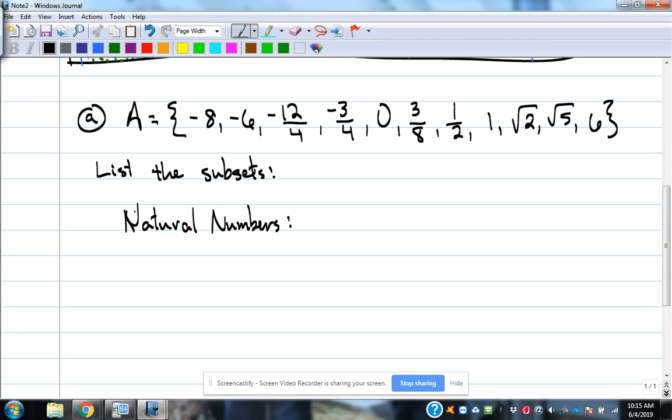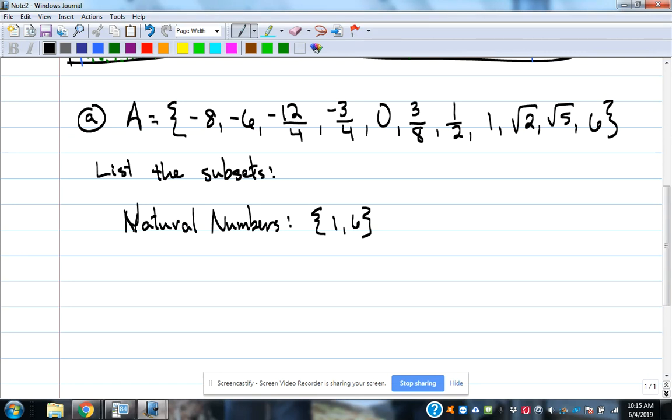Out of that set, which numbers are the natural numbers? Remember, the natural numbers are the counting numbers. 1 and 6. That's it. 1 and 6. 0 is not a natural number because we don't start counting at 0. We start counting at 1 normally.